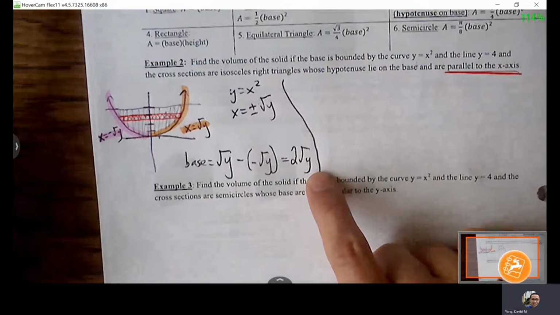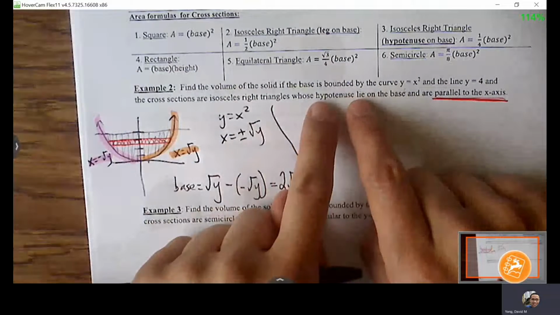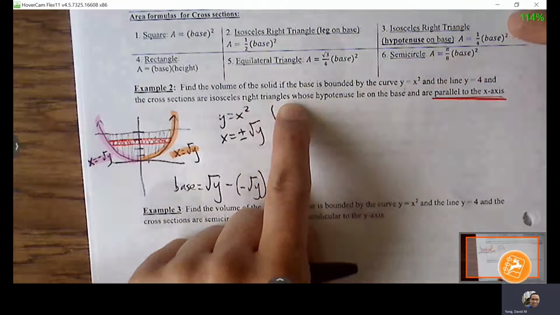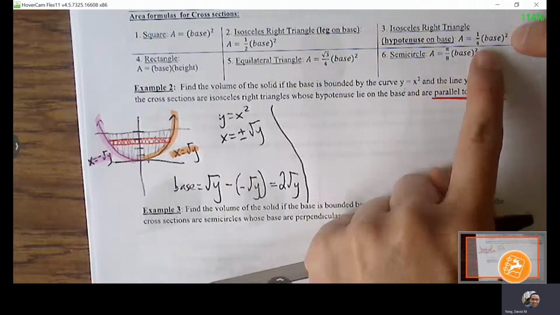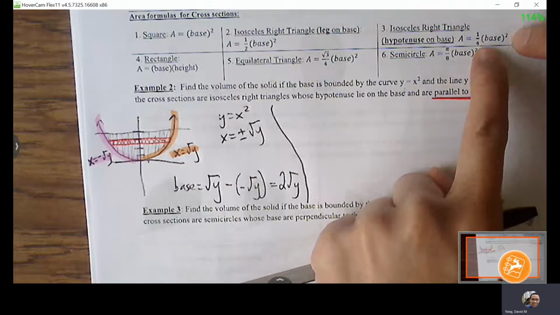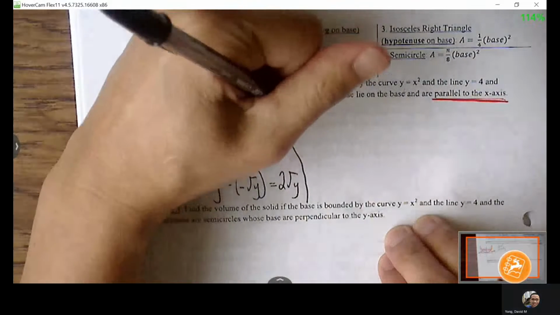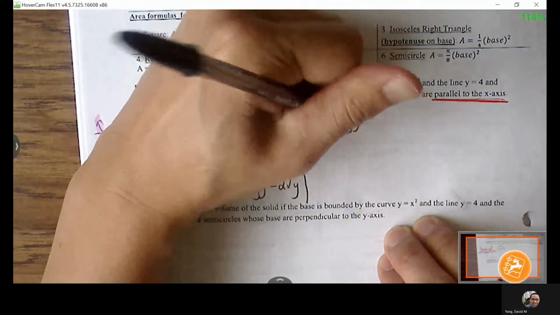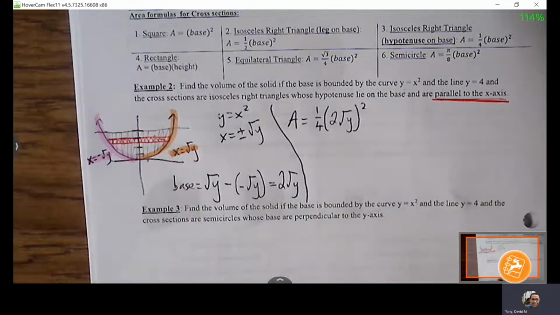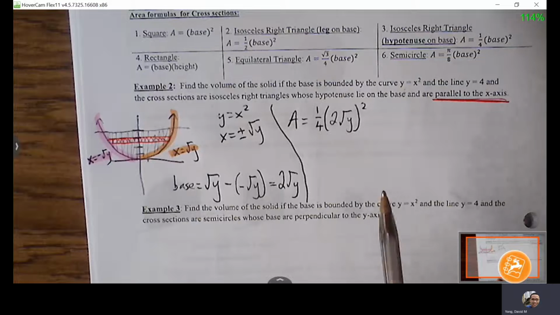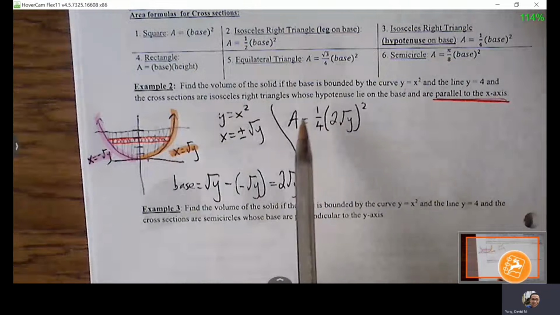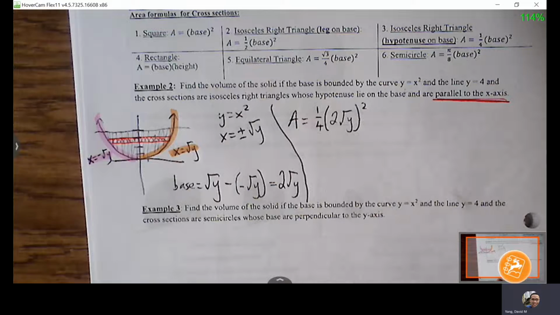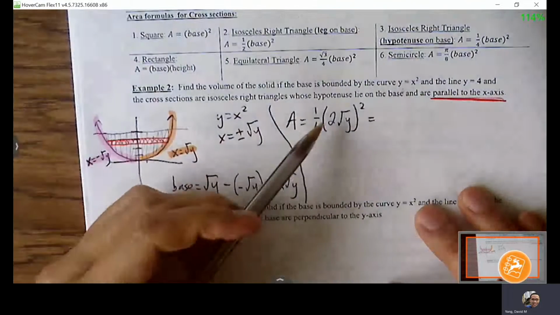Okay, let's find the appropriate area formula. Isosceles right triangle with hypotenuse on the base. So 1/4 base squared. Now we can enter this directly into the integral formula, but the more that we can clean up, the less that we have to type into the calculator, right? So I'm just going to clean this up here. I'm going to square both the 2 and the root y.